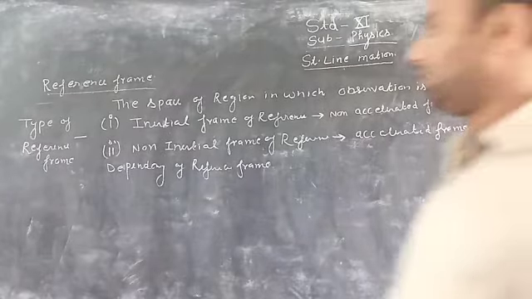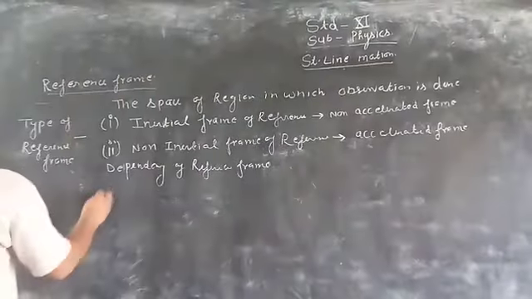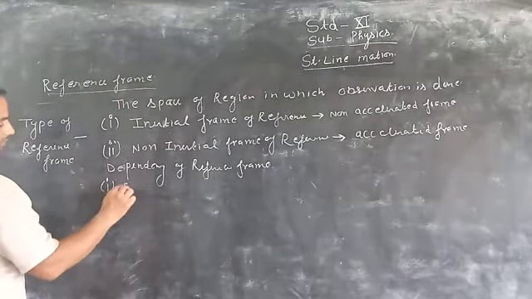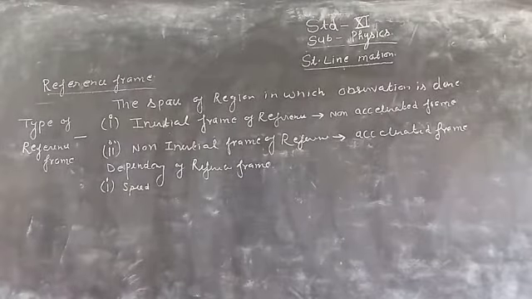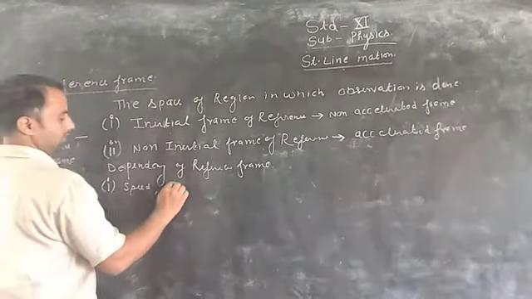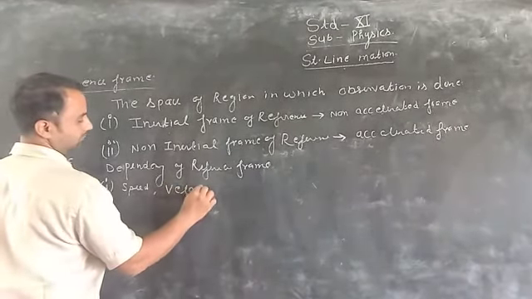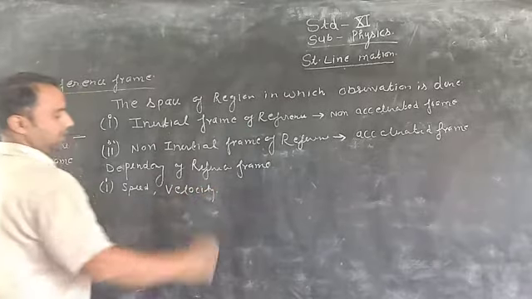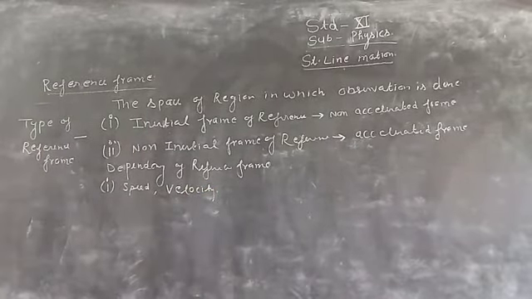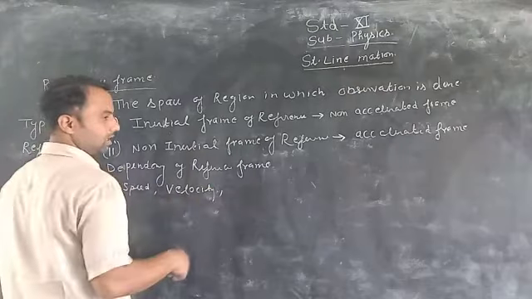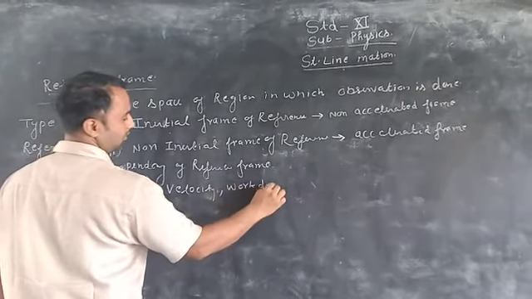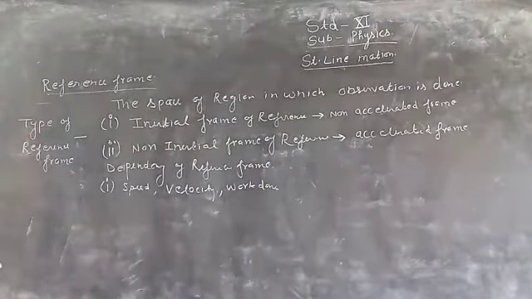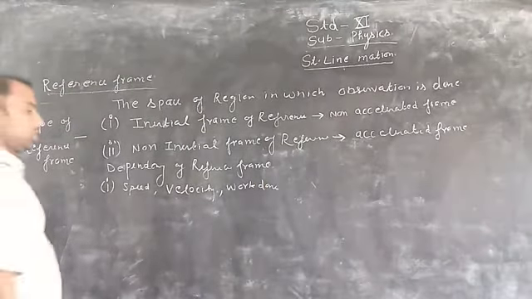Suppose we see first, speed depends on the frame of reference. Velocity depends on the frame of reference. Work done depends on the frame of reference.